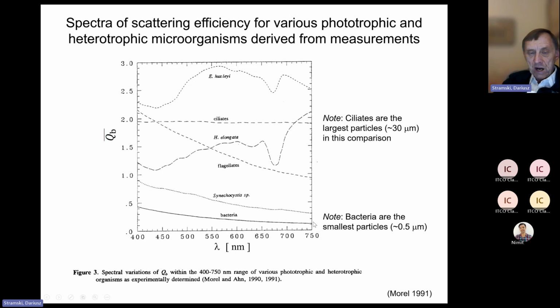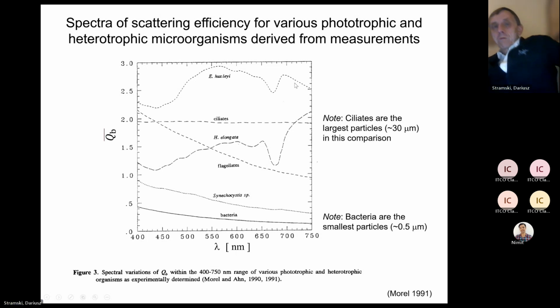We see the spectra for heterotrophic bacteria, Synechocystis, a cyanobacterium about 1 micron in size, flagellates about 4 micron in size, ciliates, microzooplankton about 30 micron in size, and 2 species of phytoplankton, one elongata about 10 to 11 micron in size, and a coccolithophore, Emiliania huxleyi, about 4 or 5 micron in size.